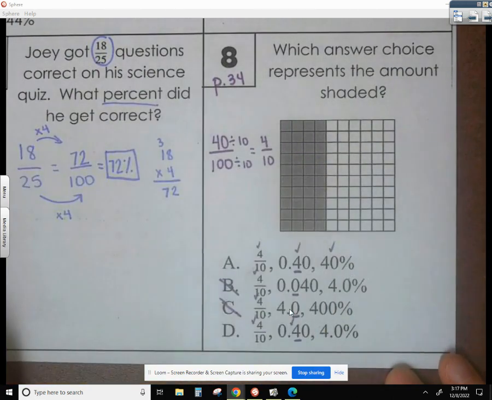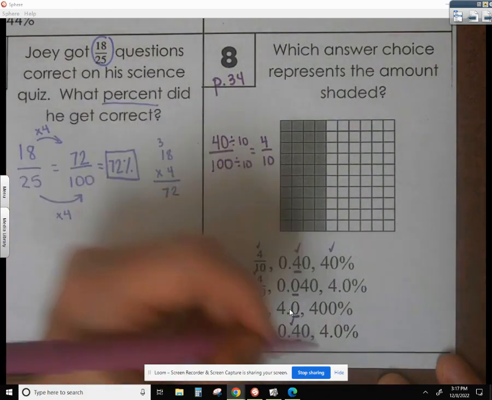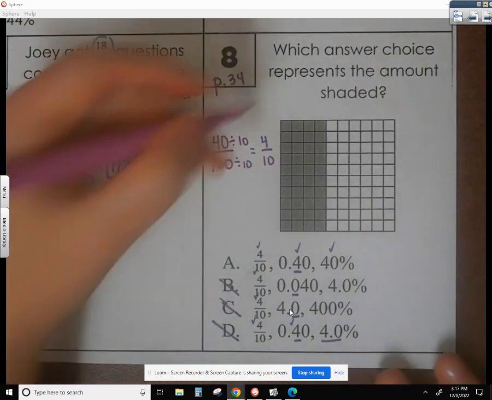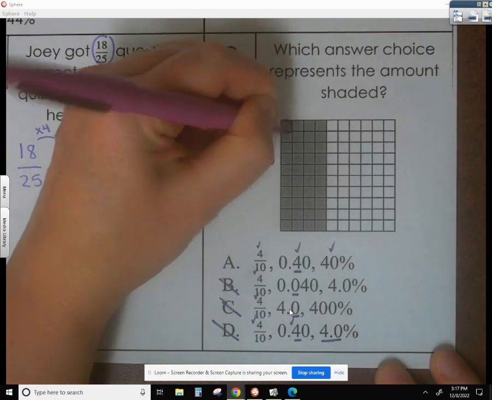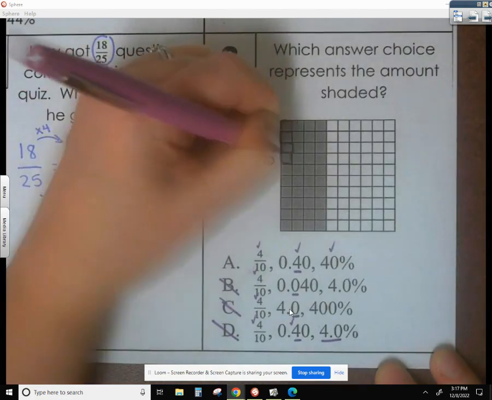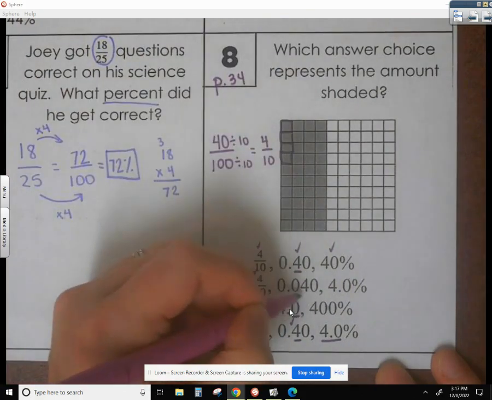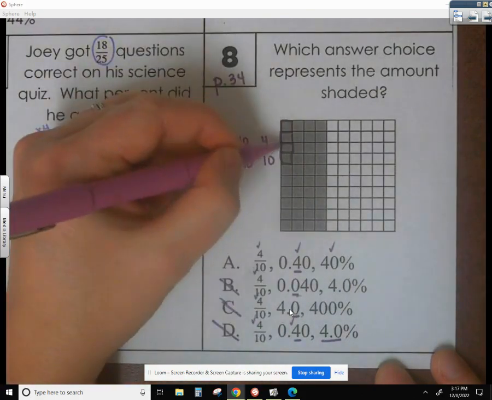And then 400%, obviously not the same as 40%, but we already got rid of that answer choice. And then again, this one has 4%, not 40%. So just so we are on the same page, 4% would look like 4 of these shaded, because 4 out of 100. Same thing with this decimal number of 0.04. That's going to be 4 out of 100.